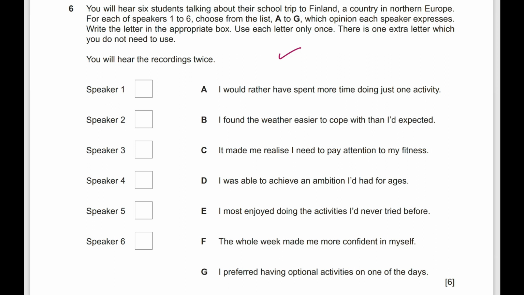To do this question, you need background knowledge, activating schemata, based on the topic, and underlining the keywords. You got the point? Underlining the keywords. Okay?